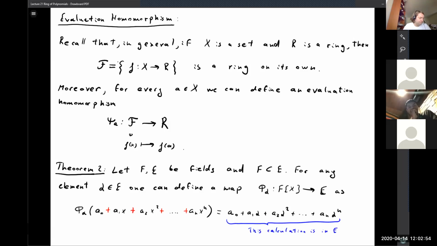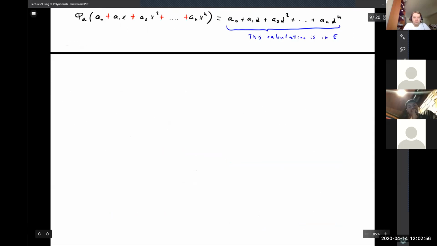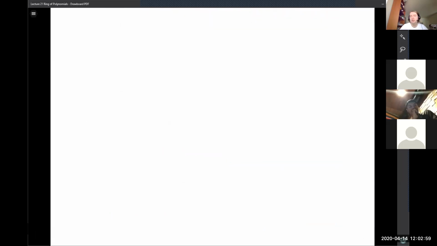Okay. So then the statement of this theorem says that this map is a ring homomorphism, called evaluation at alpha.